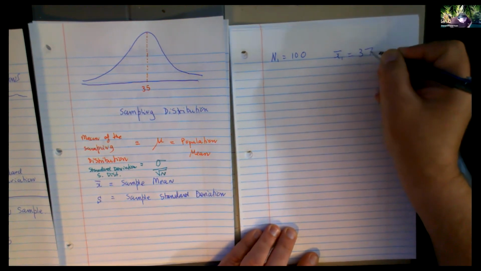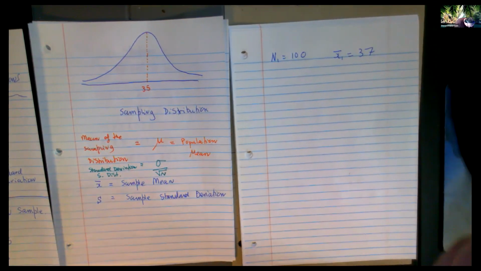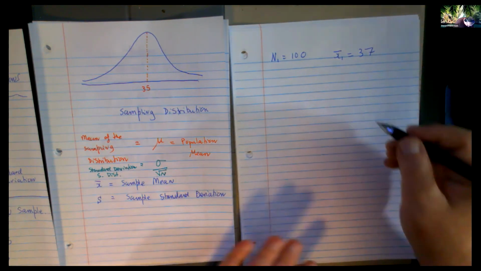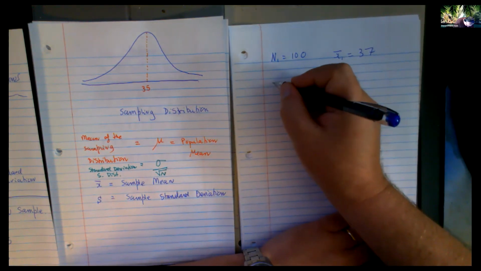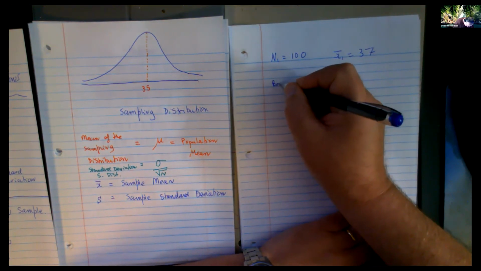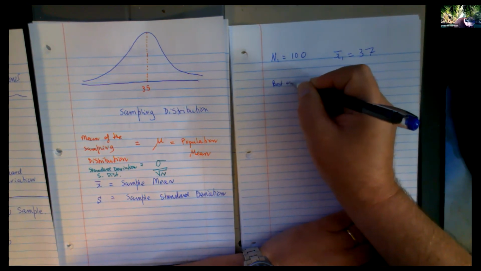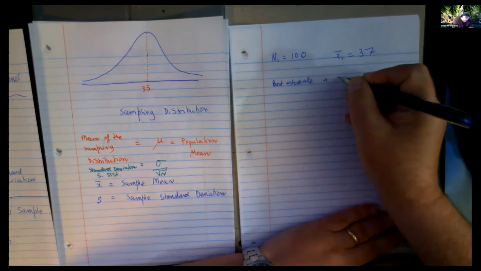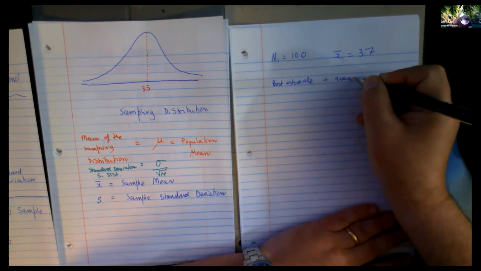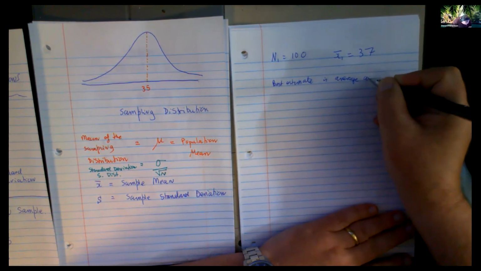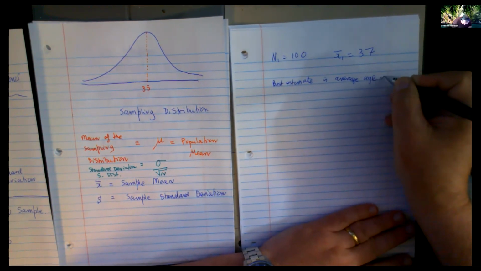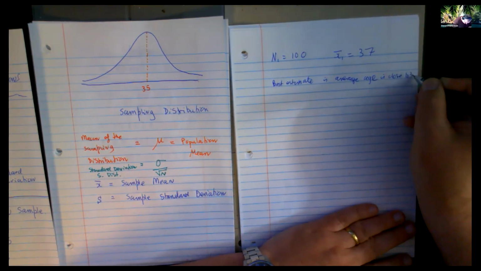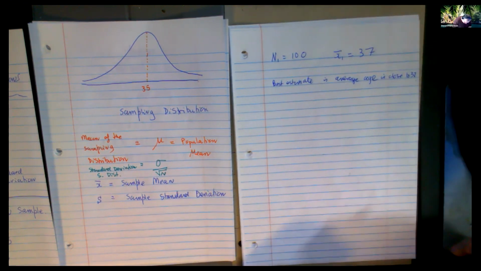But I want more than that. I want an interval of values where I am very confident the correct mean age of Bremerton lives.